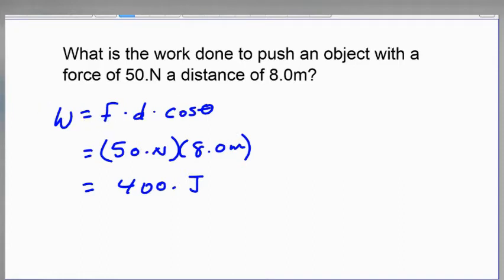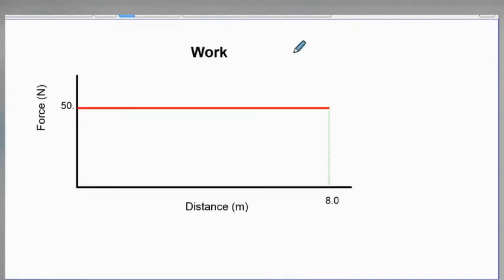Likewise, we could graph that. Similar to when we had a displacement graph and we calculated the displacement from the velocity and the distance, we can use a work graph to solve this problem. So here we have our 50 newtons of force being applied consistently over an 8-meter distance.